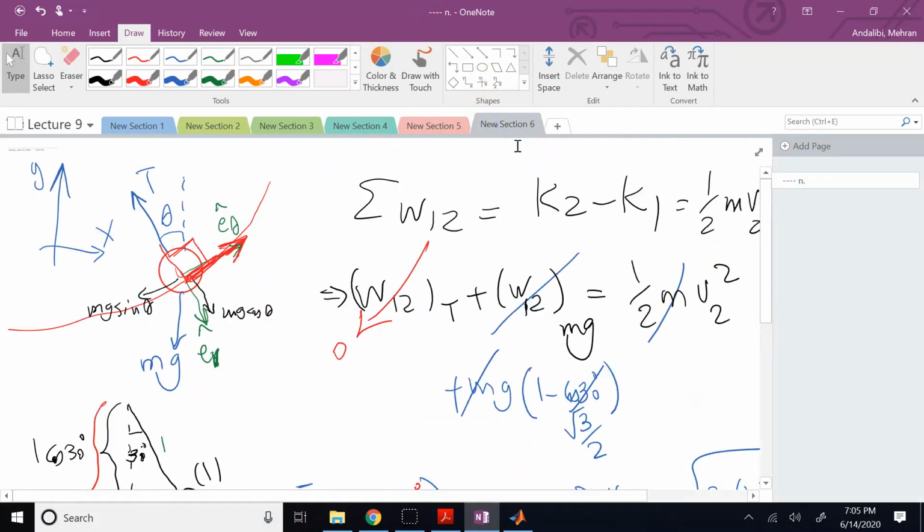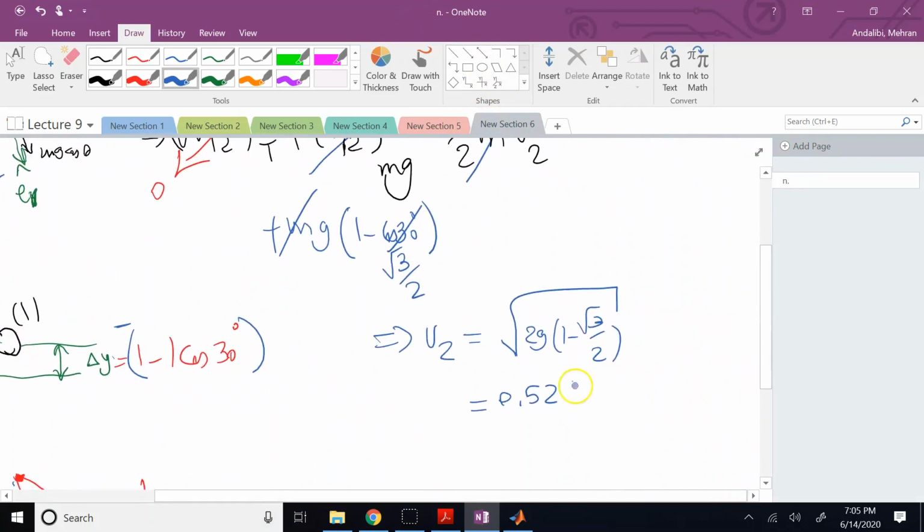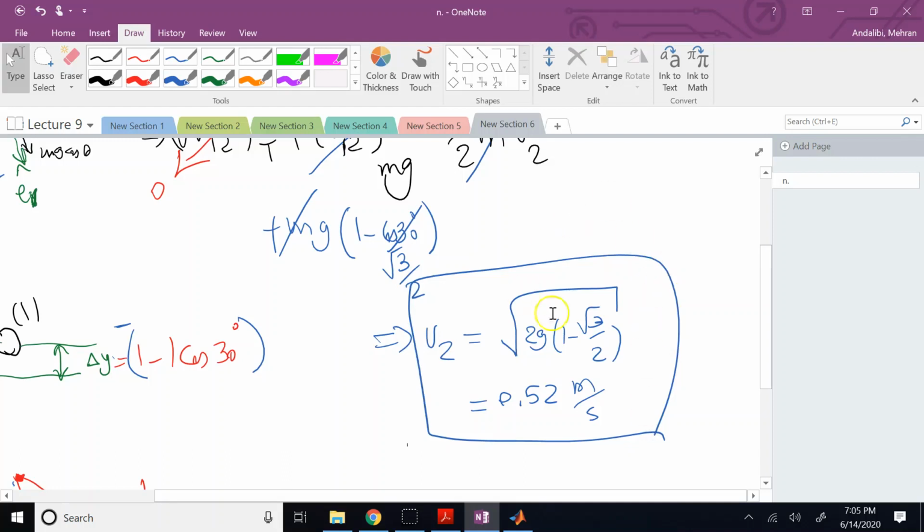Yes. Gives you the same number. So you see, without the need to solve any differential equation or do anything time-dependent to be able to solve, I could get my final velocity because nobody asked about time. And this makes life very easy.